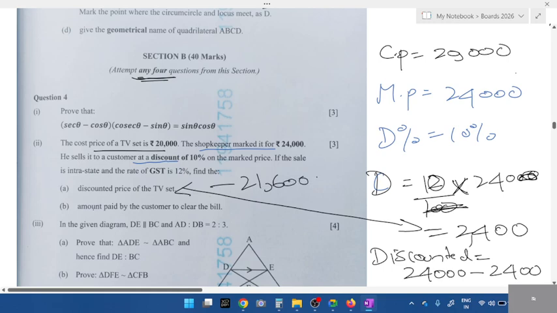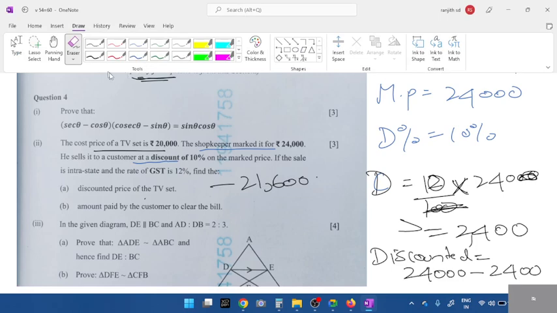On top of this, what is given? The amount paid by the customer to clear the bill. What do you mean by amount, students? Amount is what? Marked price plus GST. On which one do you have to add GST? On which one? 21,600. What's the GST given? 12%.